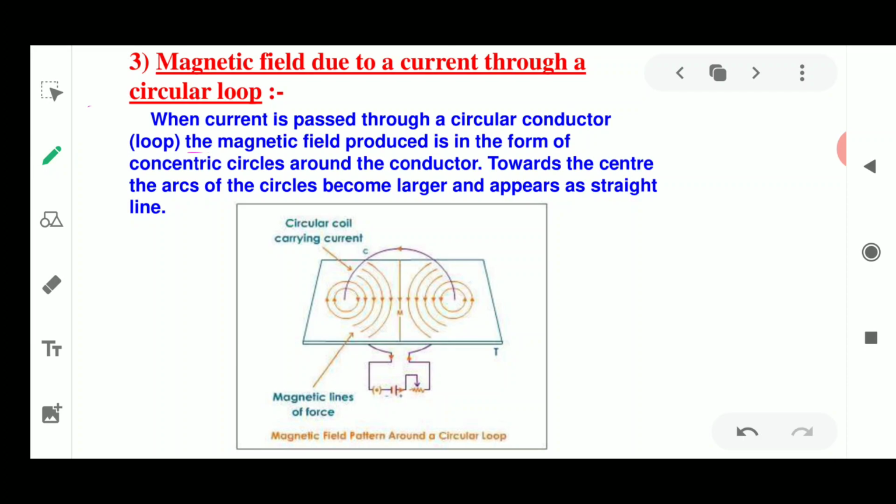Okay, so with these two shapes we have seen that the patterns remain the same, and the direction will also be found in the same way. You cannot see a difference; that rule could also be used here to find the direction of the magnetic field.